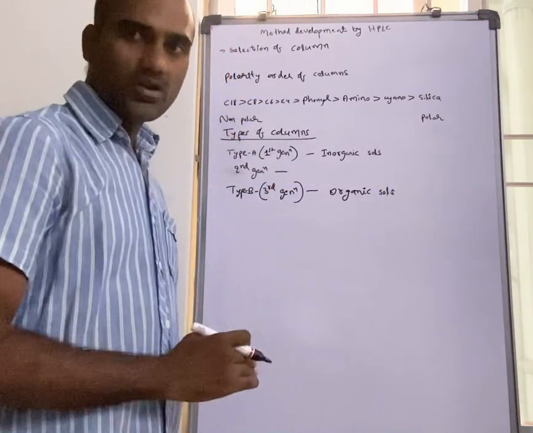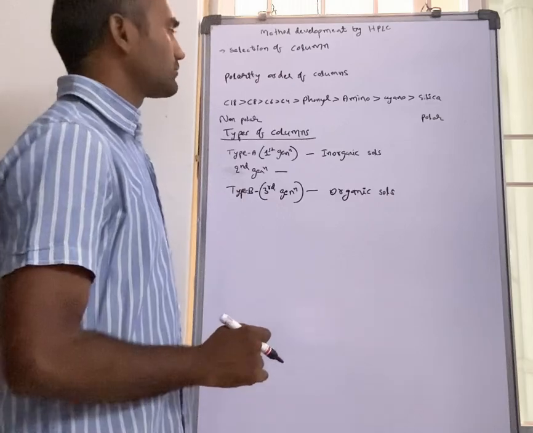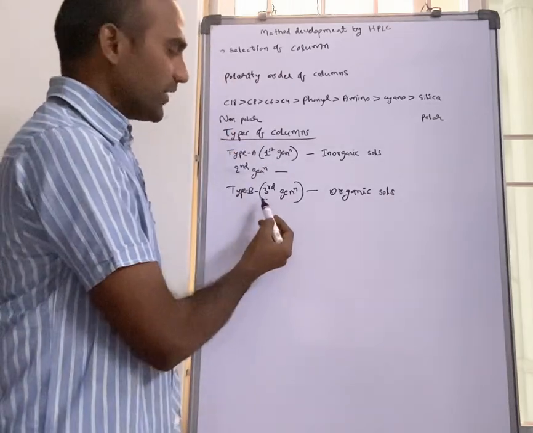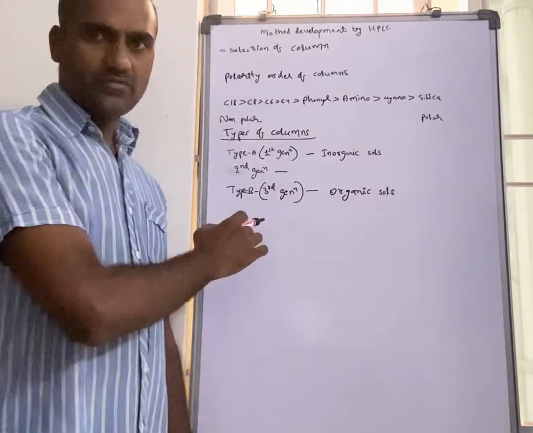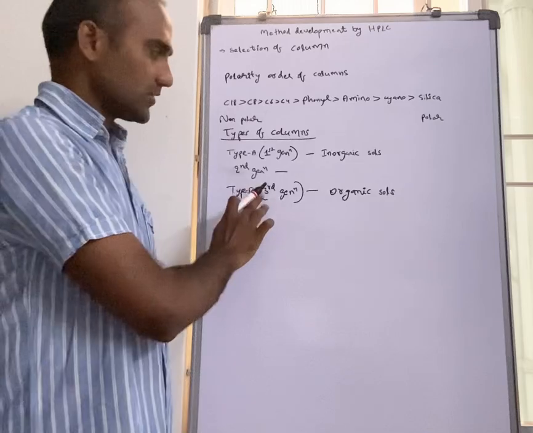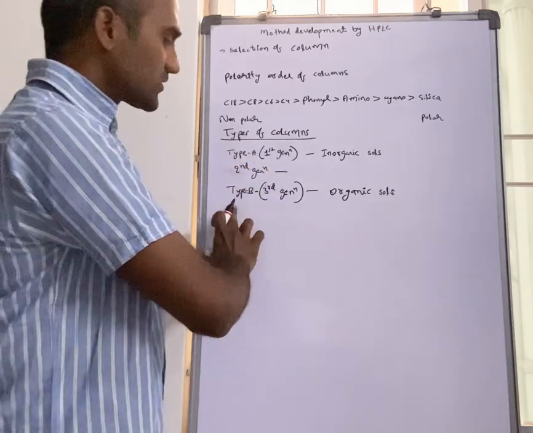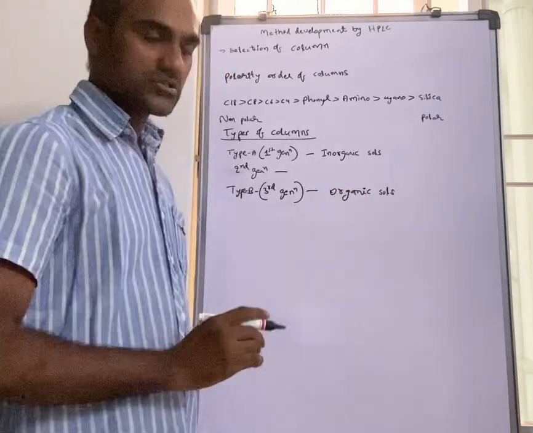This classification is based only on the stationary phase. Stationary phase means support. Okay, here this is based only on siliceous support. Type B, third generation, synthesized from organic salts.